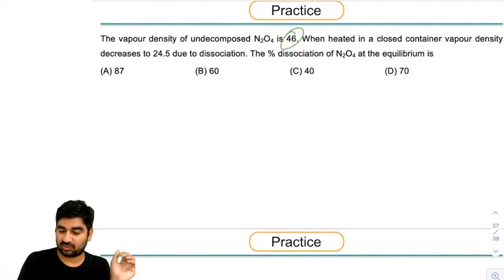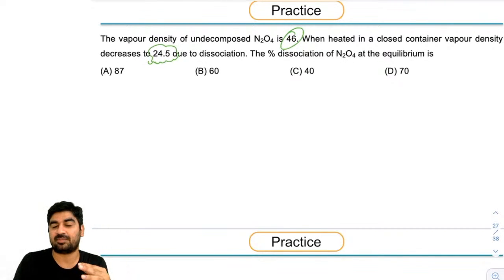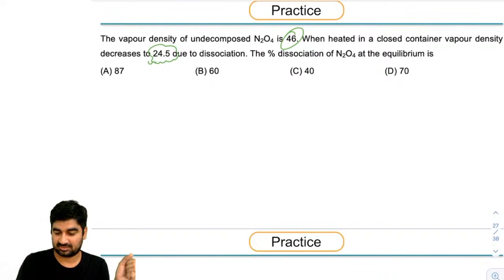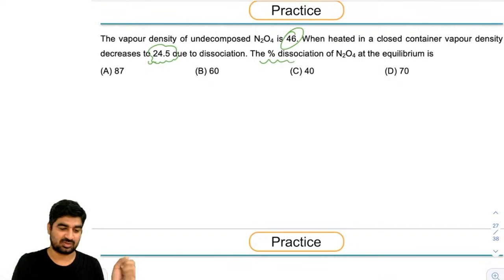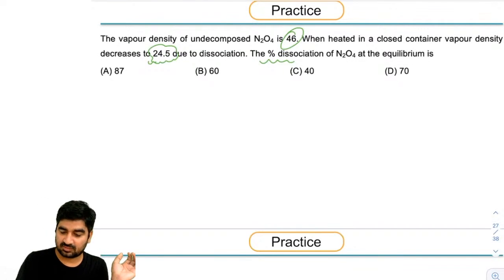So initially only N2O4 was present. Vapor density decreases. So this is the final vapor density. Multiply it by 2 and you will be getting M average. So calculate the percentage dissociation. So this one is easy. This one is really easy.